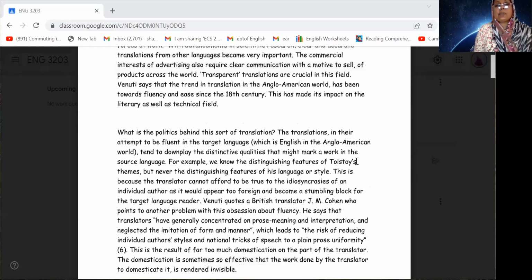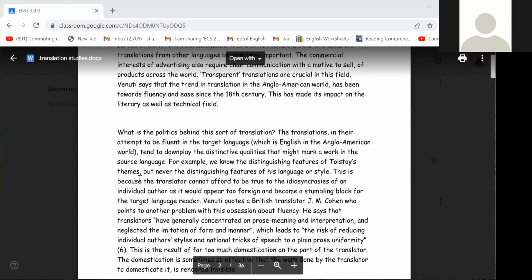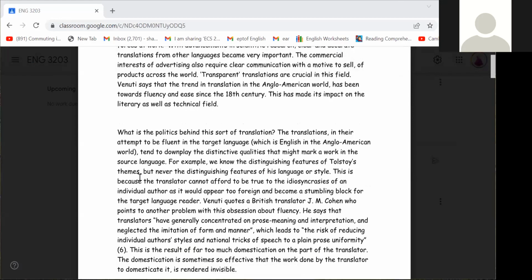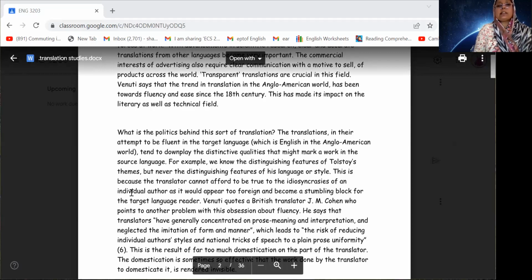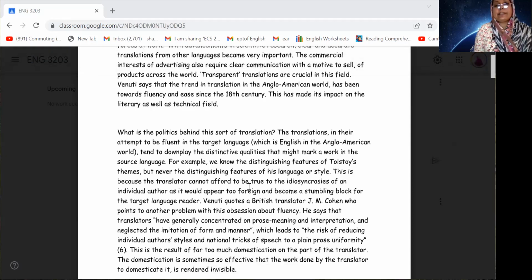We know the distinguishing features of Tolstoy's themes, war and crime, Anna Karenina, সেগুলি টলস্টয়ের বই, এগুলি স্টোরিগুলি জানি। But we don't know the distinguishing features of language or style. আমরা ওটা জানি না। But never we could understand the distinguishing মানে উল্লেখযোগ্য নিয়ামক of language or style আমরা টলস্টয়ের ওটা পড়ি না। But we know about the theme of Tolstoy's novels. But we don't know that these are all translated from.